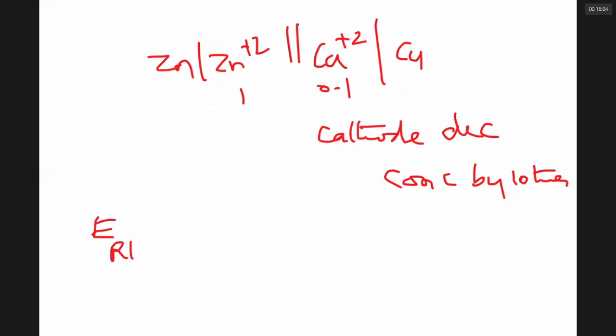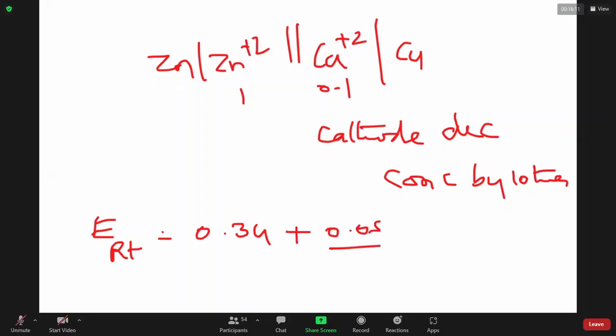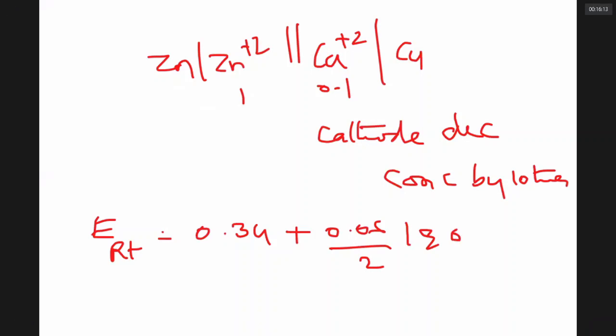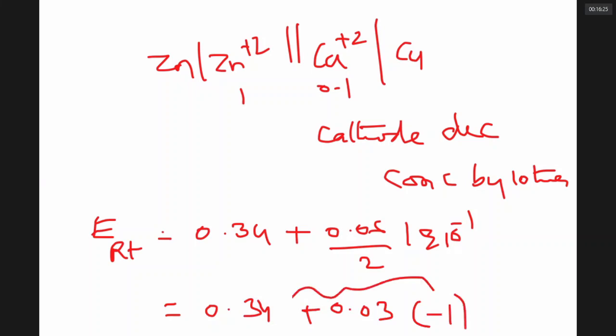E right is E0 plus, decreases by 0.03, it is equal to 0.31.